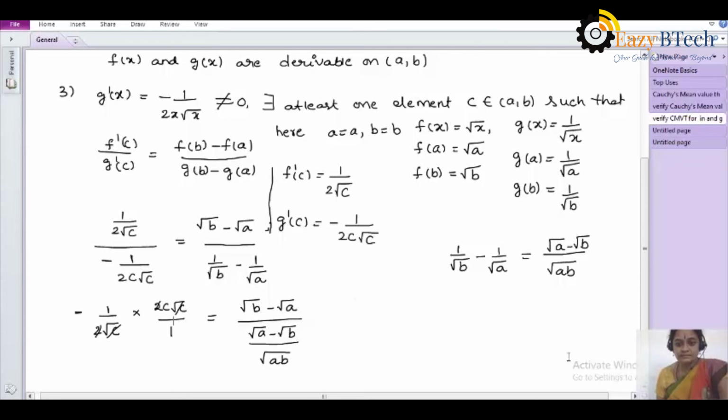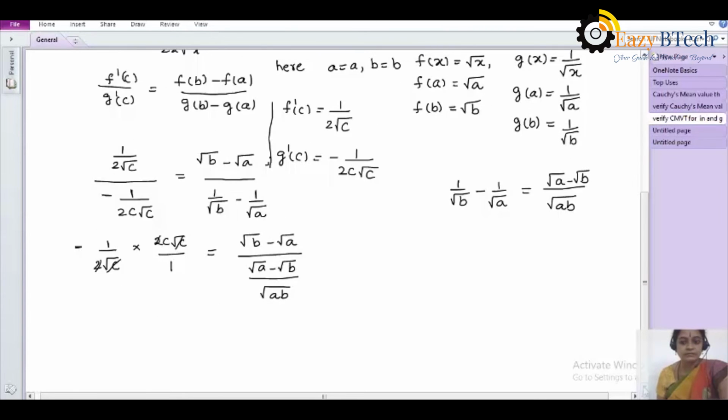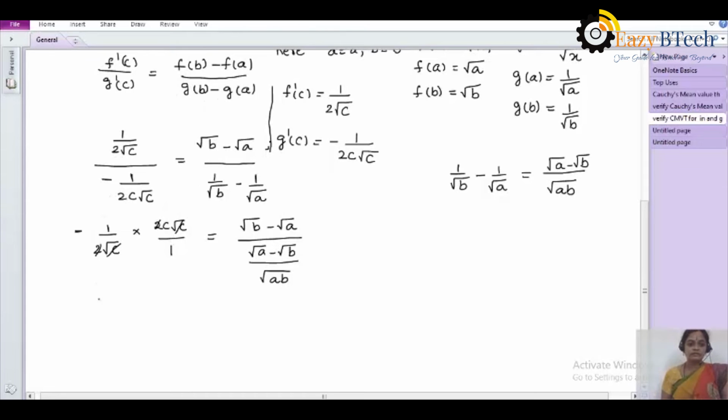So the remaining term on LHS is only minus c, and RHS root b minus root a into root AB by root a minus root b. See here, minus root b minus root a is there, and here in the denominator root a minus root b is there.